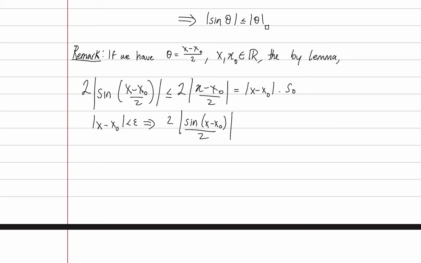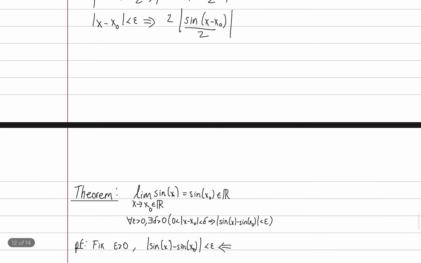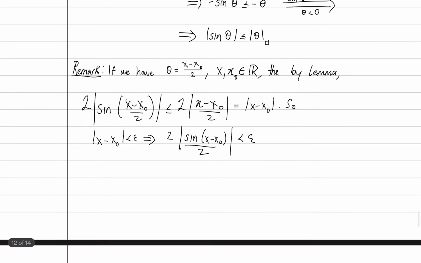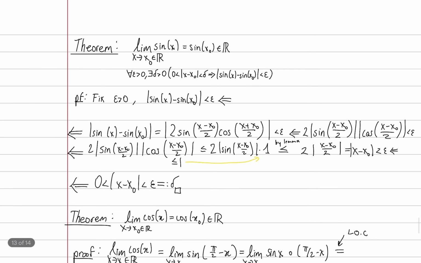So we know that this being less than a positive number epsilon, and we'll see why it's useful later, implies that 2 times sine of that has to also be less than epsilon. Okay? So, what does that mean? Well, we're going to move on to our proof.